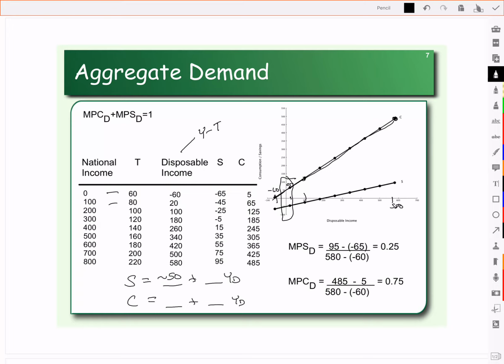We want to know how is consumption spending changing as we change disposable income. So we want to find the slope. And remember, the slope is rise over run. So we want to take our 485, that's here, and subtract where we started. And we can start here at 5. So you'll notice the consumption spending went from 5 to 485, which is a change of 480.